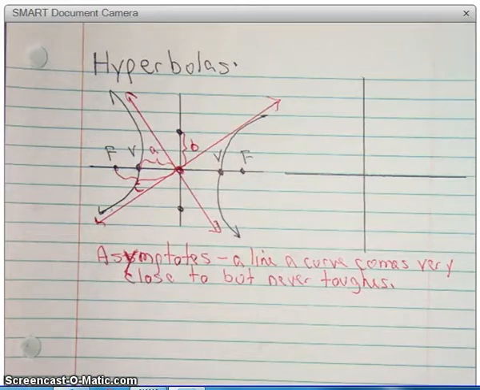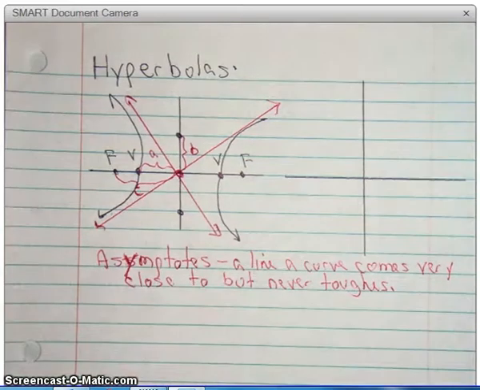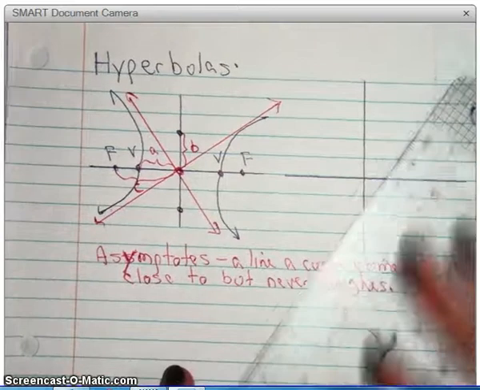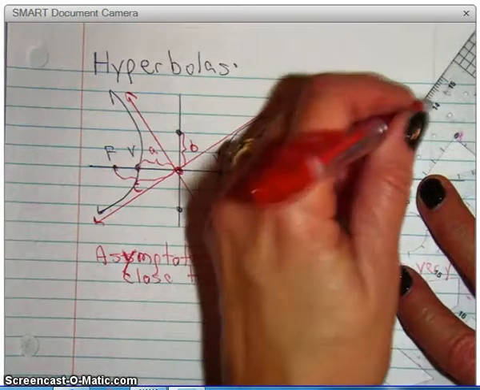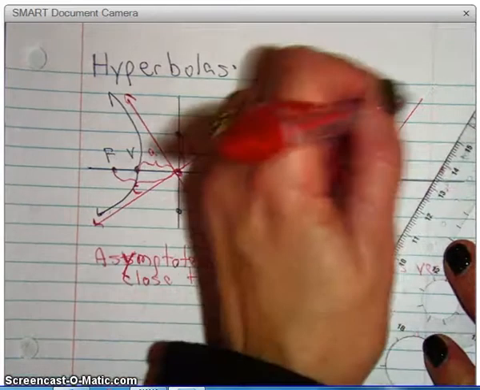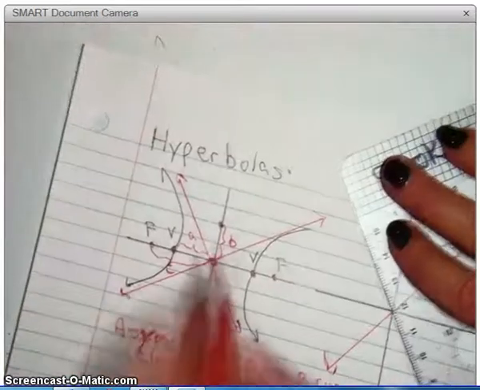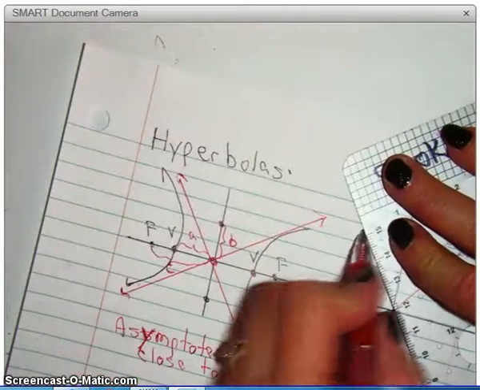All right. The other example would be having its branches on the y-axis. So go ahead, draw some asymptotes. They just have to go through 0, 0. This time I promise I'll go through the center.